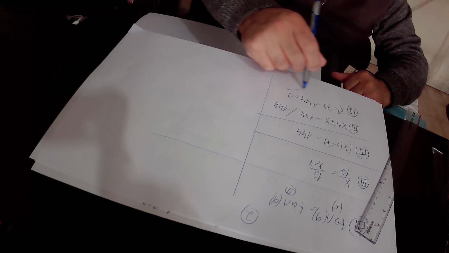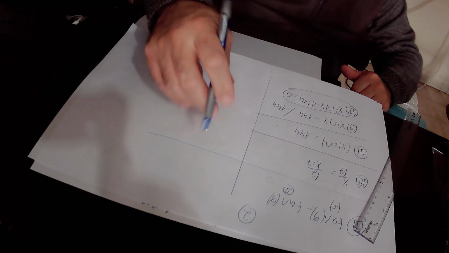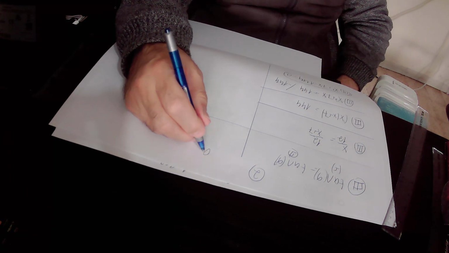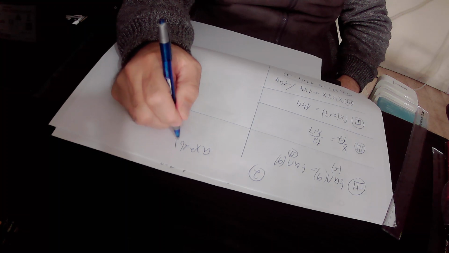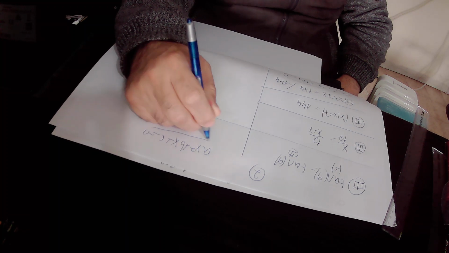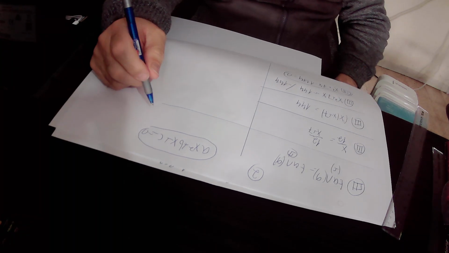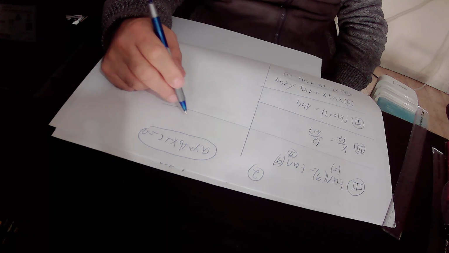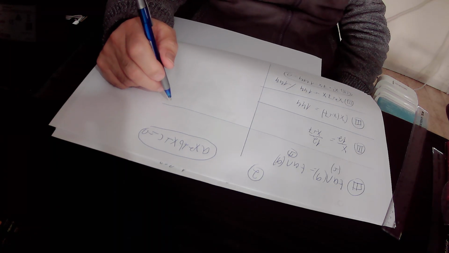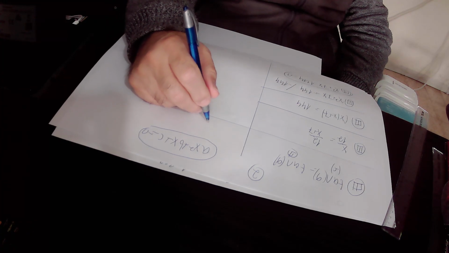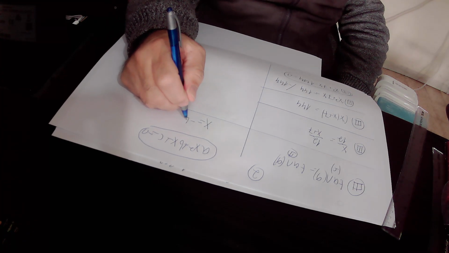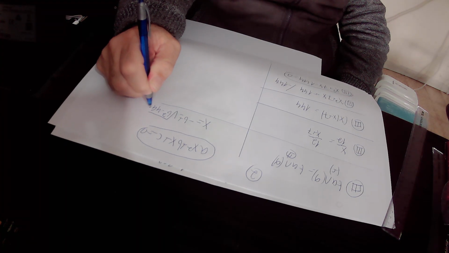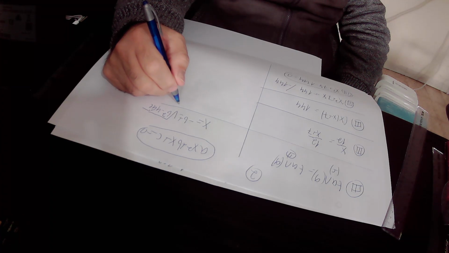So this is a quadratic equation, and the general formula for a quadratic equation is ax squared plus bx plus c equals 0. In this general formula, a, b, and c are the coefficients of the quadratic equation, and x is the variable that we are looking for, and we find the value of x according to the following formula. X equals minus b plus minus the square root of b squared minus 4 times a times c, over 2a.